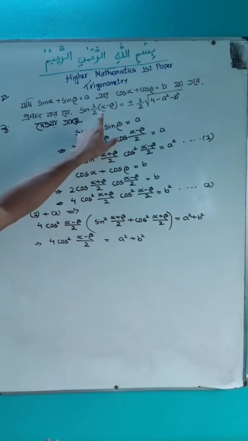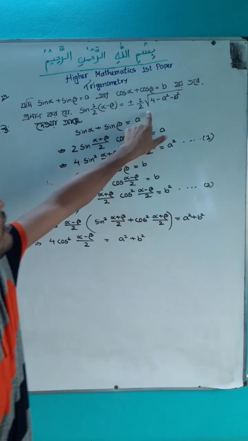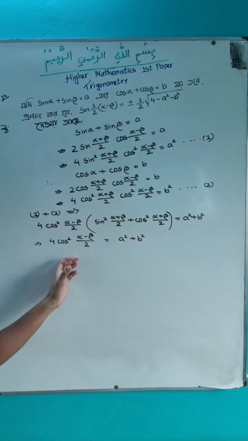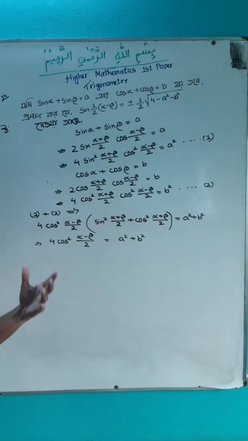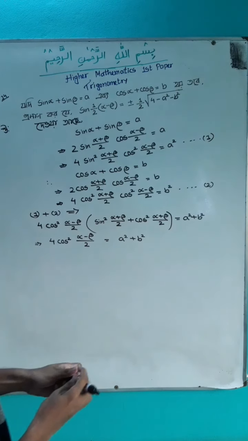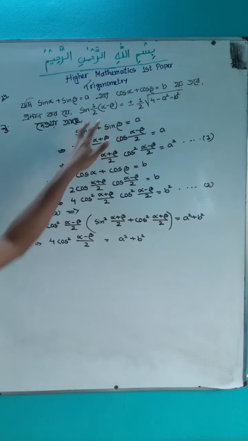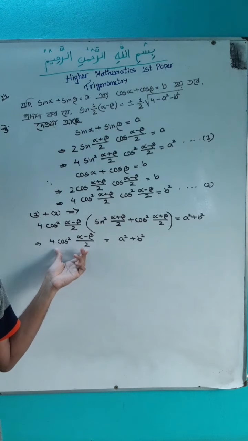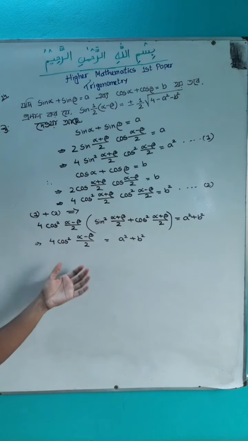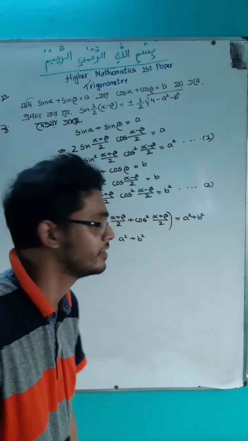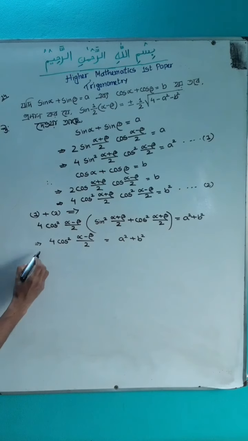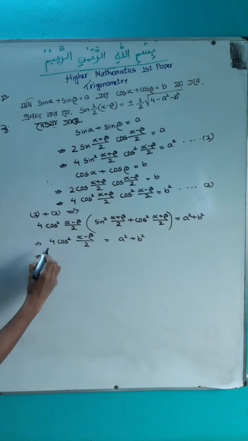Now look at the term. We need to take the square root of that equation. Now we have to find sin, but here we have found cos. So we have to change cos into sin. Now, 1 minus sin square theta is cos square theta.